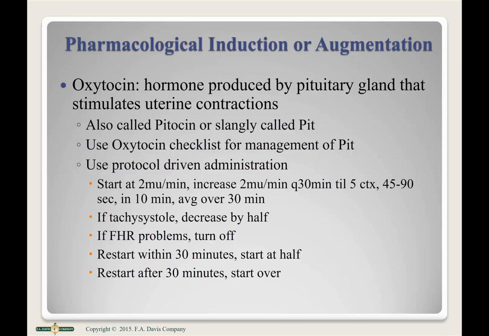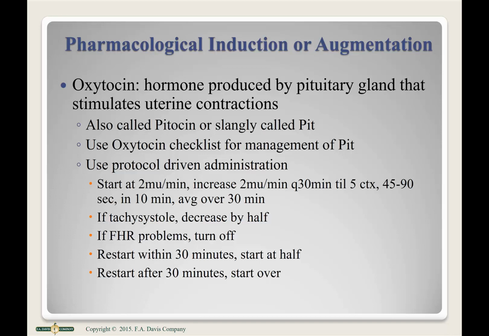The chemical method, the medication we would use to induce, is oxytocin. We produce oxytocin in the posterior pituitary gland, and it stimulates uterine contractions. Oxytocin and Pitocin are the same thing, and you'll hear them say we're going to start her pit, short for Pitocin.